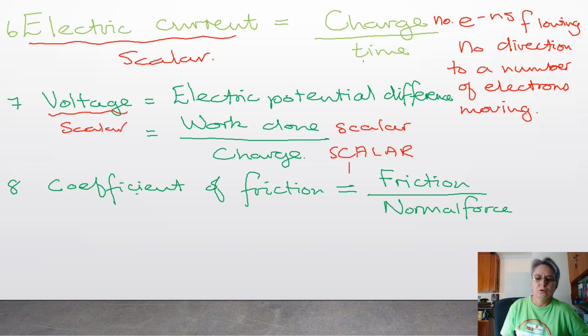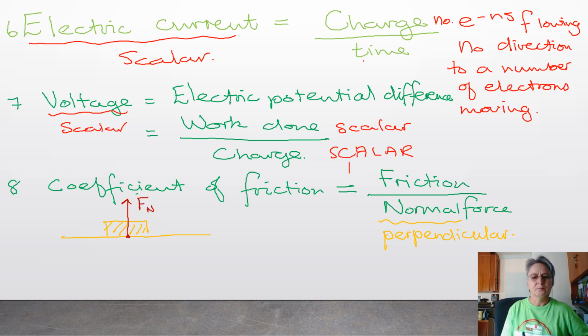Now, this word normal refers to mathematics perpendicular. So, if you have something that is resting on a surface, like this block is resting on the surface, the normal force will be the force of the surface on the block, and we give it the symbol Fn.